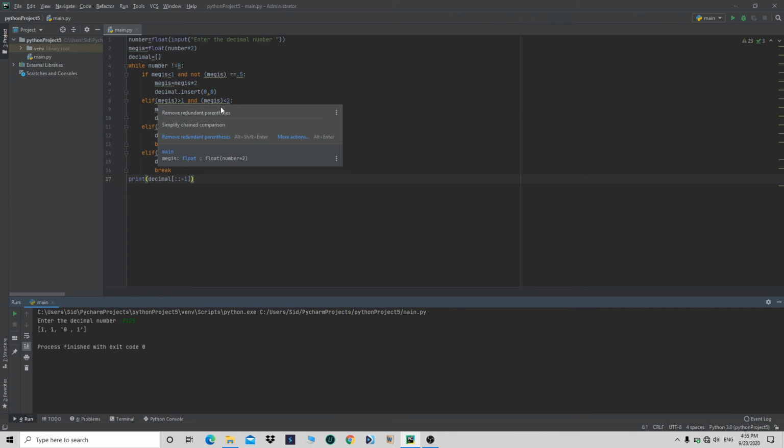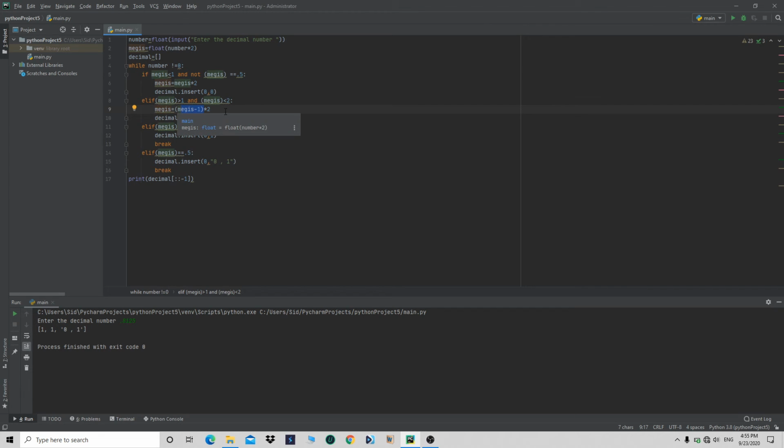And now the second thing we look out for is that it gets subtracted from 1 and multiplied by 2, and 0.5 into 2 is 1. And this comes out to be 1, and if it is equal to 1, we insert 1 again, and break. That's why 0.75 is equal to 0.11.